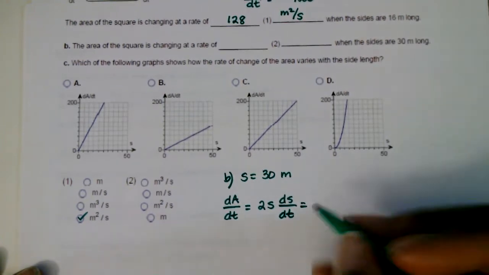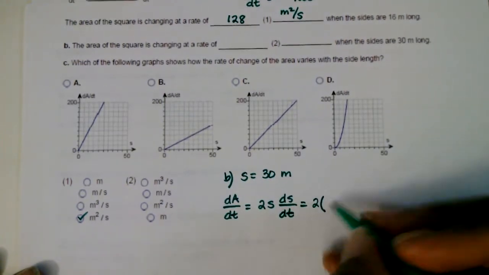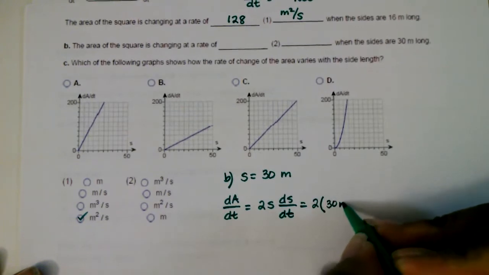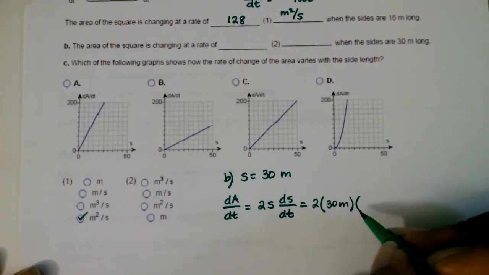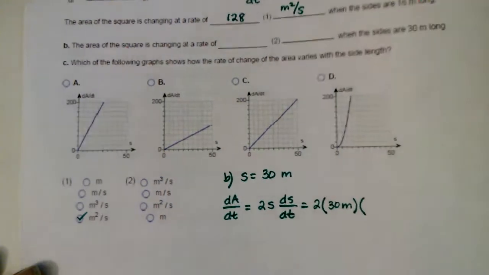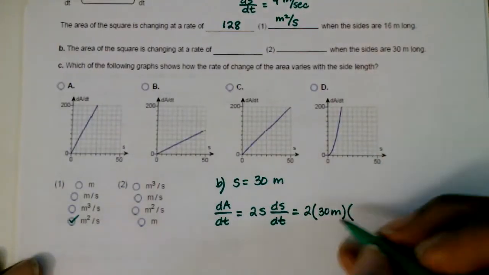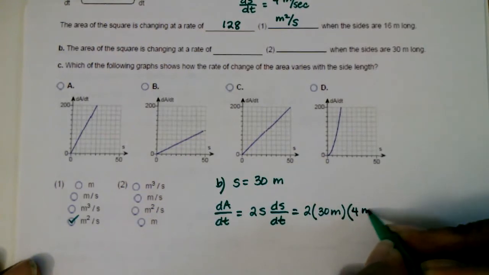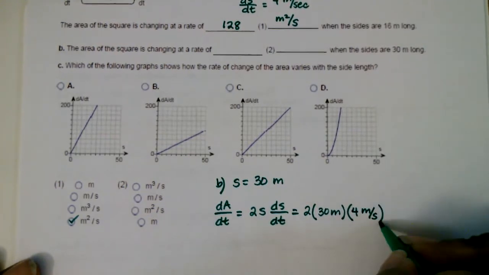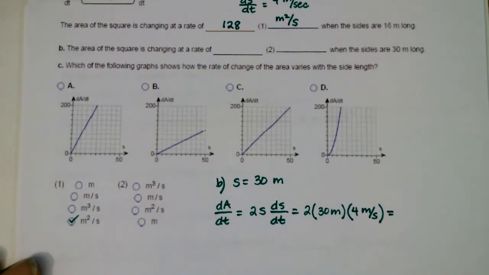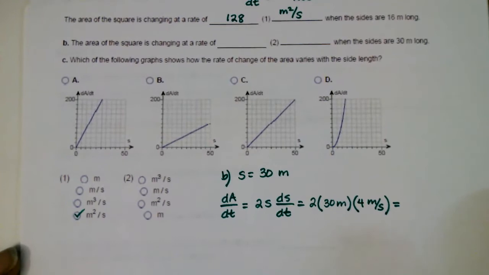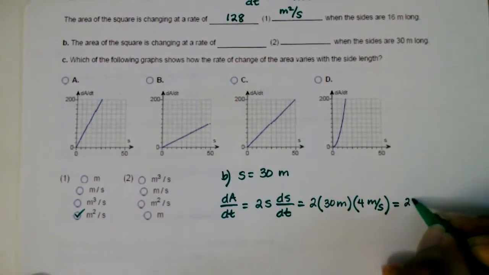And what that means here is this. This will be 2 times S, which is 30 meters. ds dt was given to us as 4 meters per second. So if I multiply 2 times 30, that will be 60. 60 times 4 will be 240.